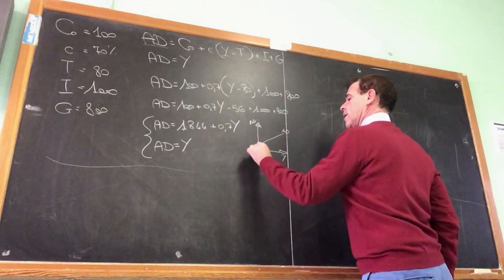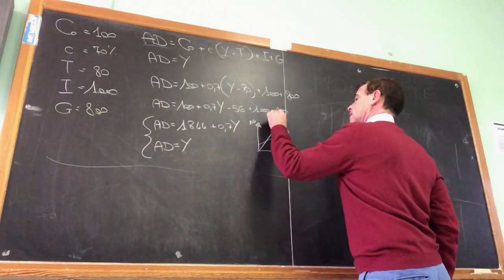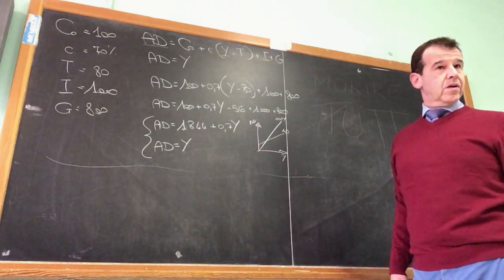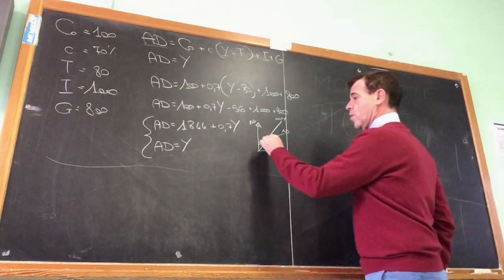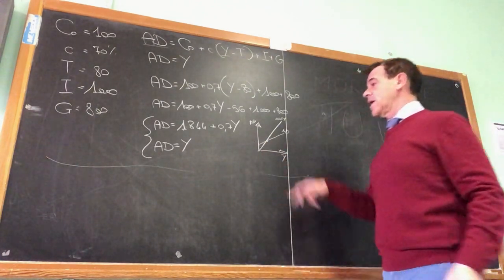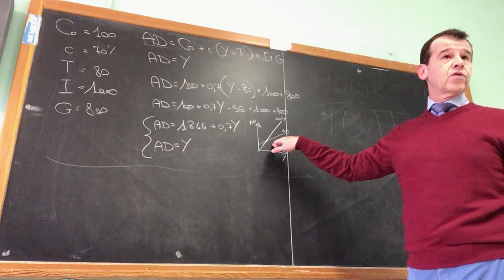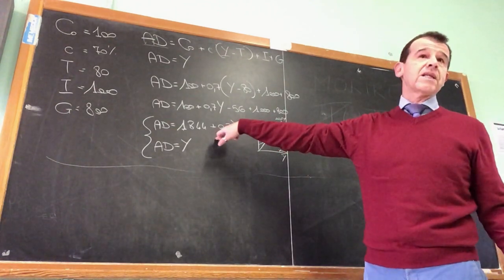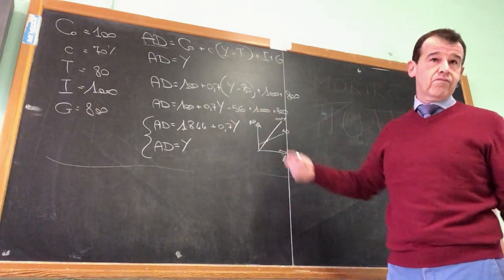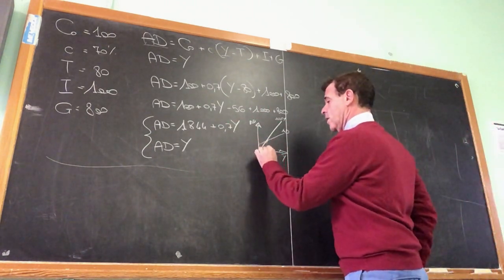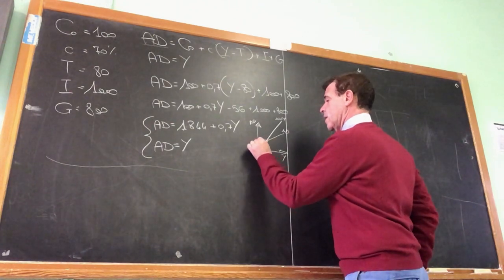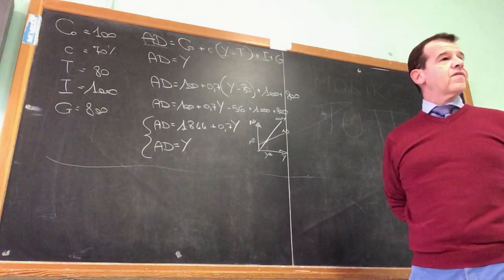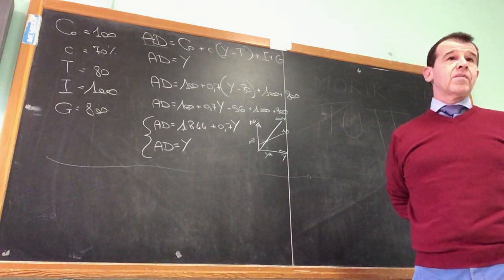This was aggregate demand. This was the line where aggregate demand is equal to national income, and they were meeting in this point. This point is the meeting point of the two straight lines. How do you find the meeting point of two straight lines? You put them on a system. And this way we find the equilibrium income and the corresponding value of the aggregate demand, which is going to be the same, of course.